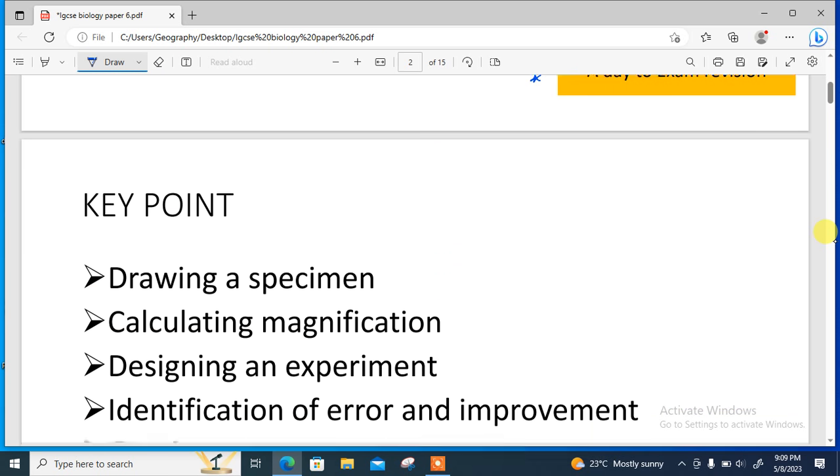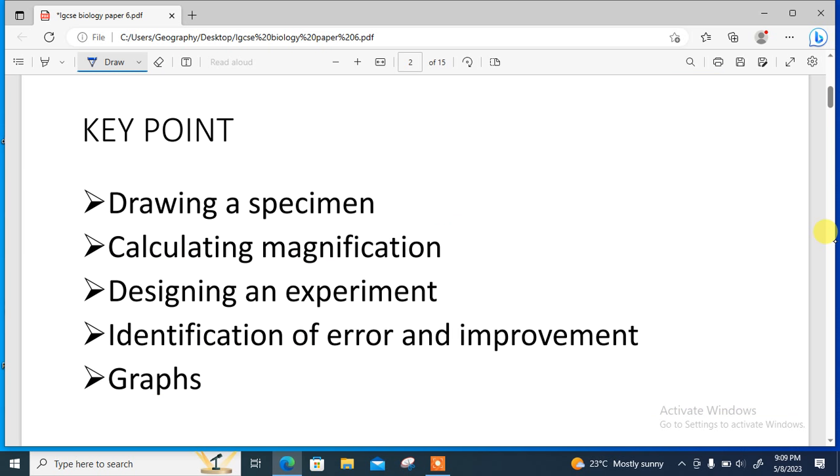Now, in this guide, here is what we're going to look at. The major key points. We're going to look at drawing of a specimen, the guide on what you need to do to get the complete mark. We're going to look at calculating magnification. We'll look at designing an experiment, which will definitely come out as a 6-mark question.